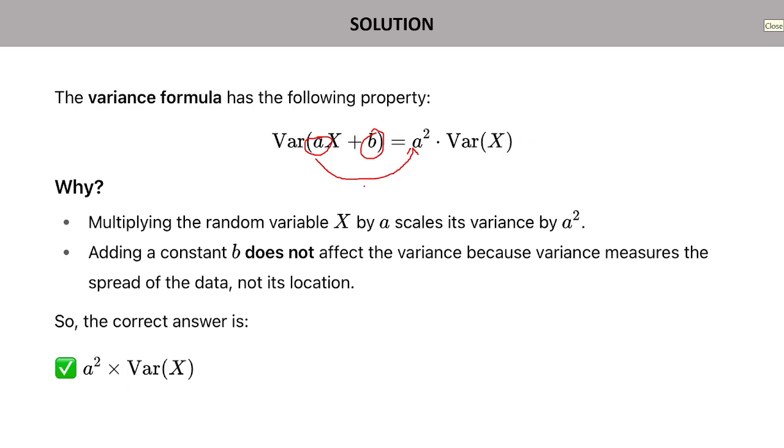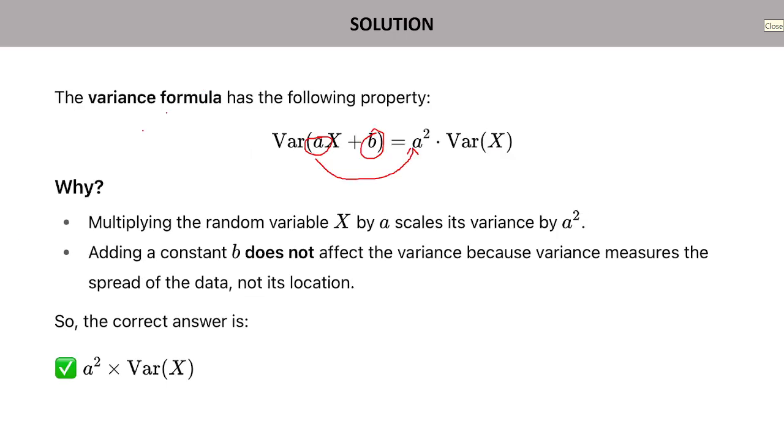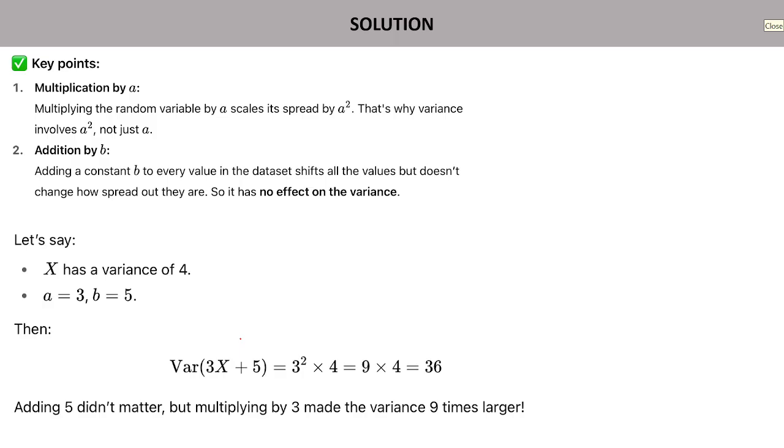So the question asked was, what will be the variance of ax plus b? The answer will be a squared into variance of x. Now, how to understand this? If you multiply a random variable by a, the variance will spread by a squared. That is why variance involves a squared and not just a.